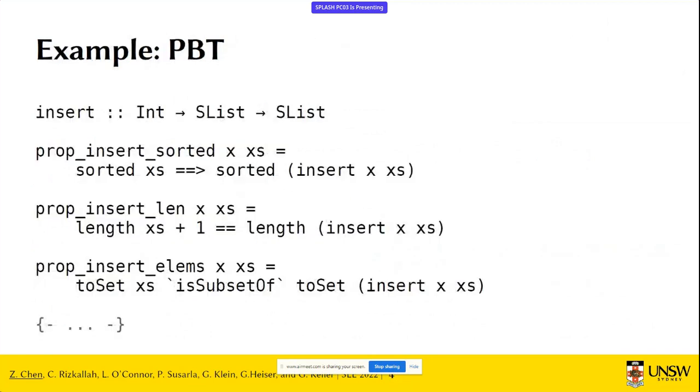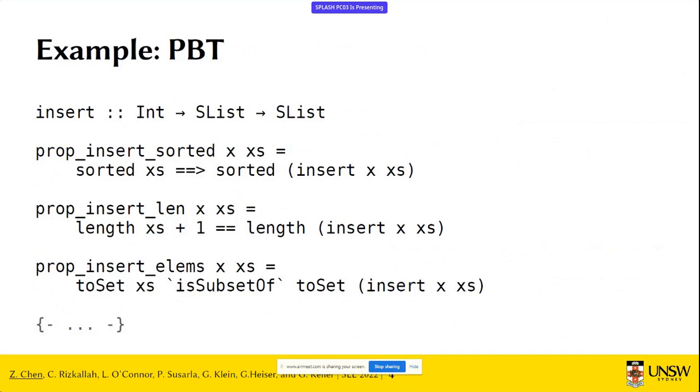Just a quick example: if we have a sorted list type, and we have an insertion function, insert, we want to test this insert function. What kind of properties can we give to this function? For example, we can say if the input list is sorted, then the output list should also be sorted.